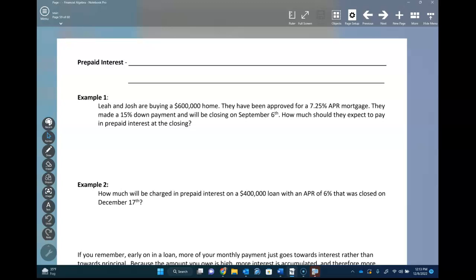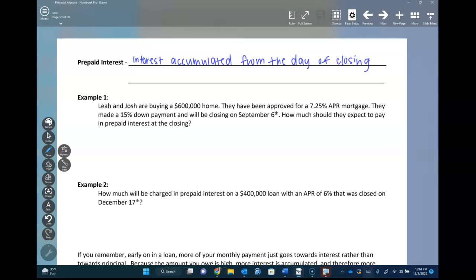Prepaid interest is interest accumulated from the day of closing to the first mortgage payment.